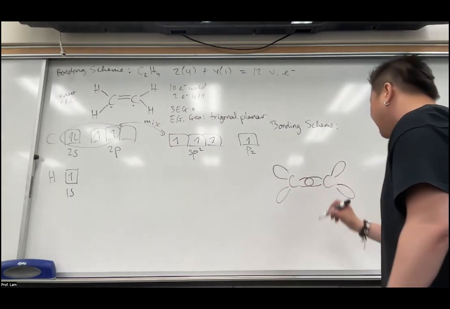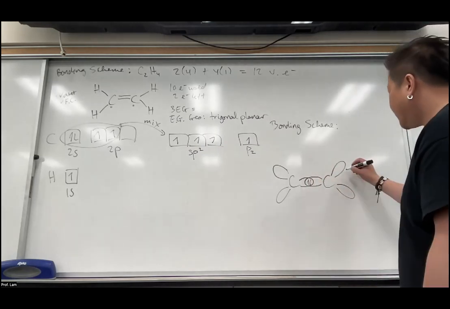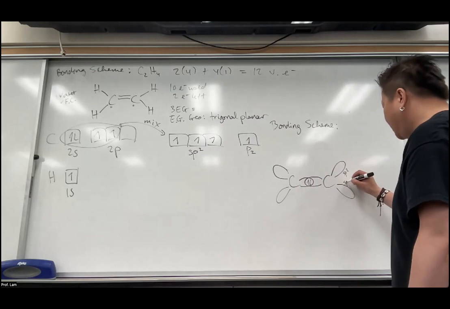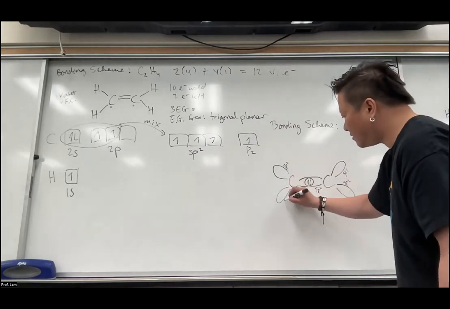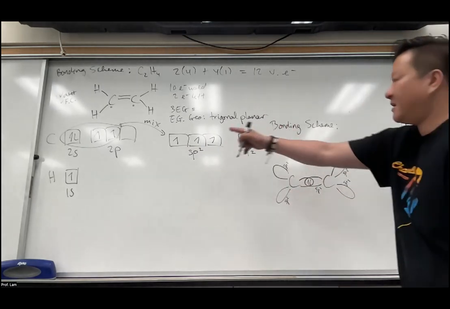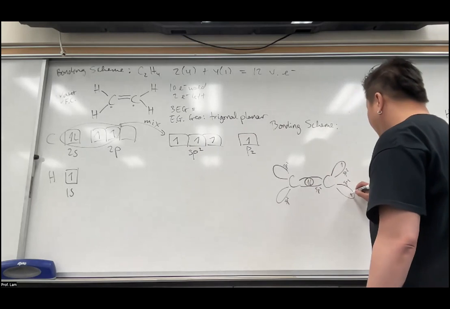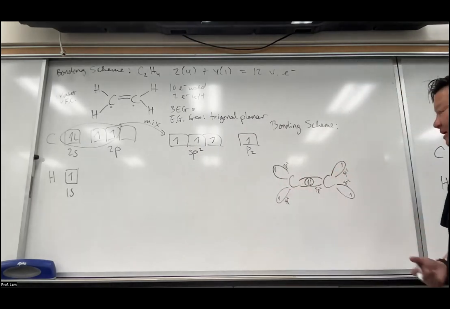That's great because we need that to make that CC single bond, right? So up and down. So all of these, let's label sp2, sp2. Okay. And they got 1 electron in each. Okay. And this one already paired with that one. It's already making a bond.